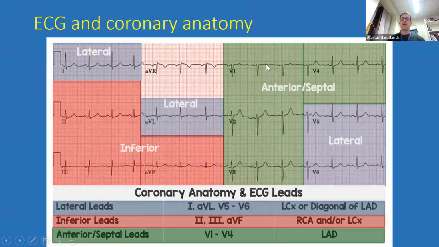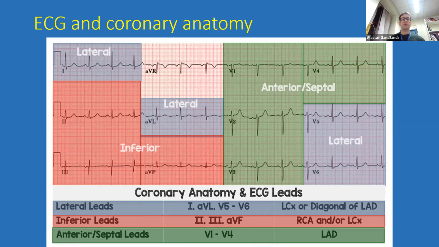In the same way, if we have anterior septal ST elevation, so anterior septal leads, we're looking at V1 to V4, okay, ST elevation, we're going to think about the left anterior descending. And if there is anterior ST elevation, then we're going to expect inferior, most likely, ST depression or T wave inversion in the acute situation.